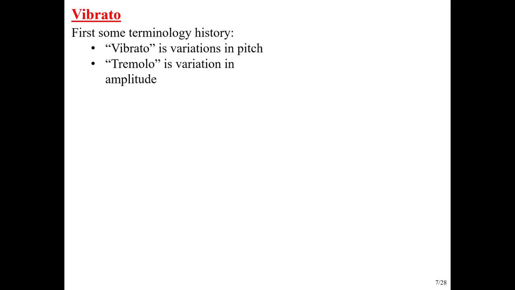So let's move on to our next effect, which is vibrato. And just a little bit of history on some terminology here. The word vibrato corresponds to variations in pitch. Like I said, that's what a singer might do when they're holding a note, or a violinist wiggles their finger back and forth when they're holding a note, and that causes a slight variation in pitch.